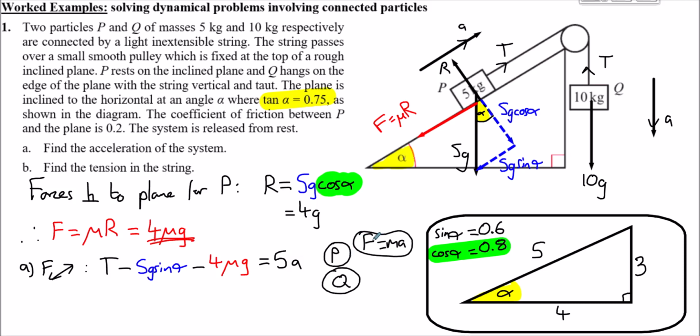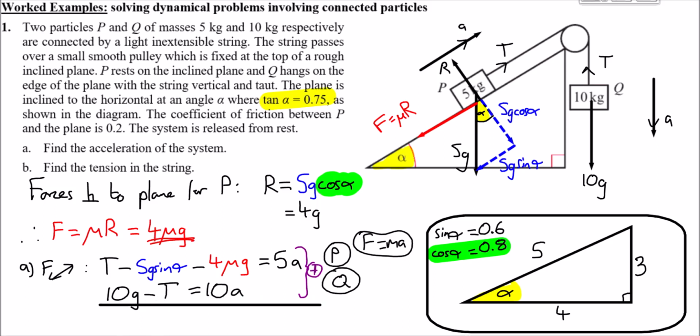So if we do F equals ma for Q, the resultant force on Q will be acting downwards, that will be 10g minus T, which will equal the mass of Q, 10, multiplied by the common acceleration, a. So if we add these two equations together, the tension will cancel.